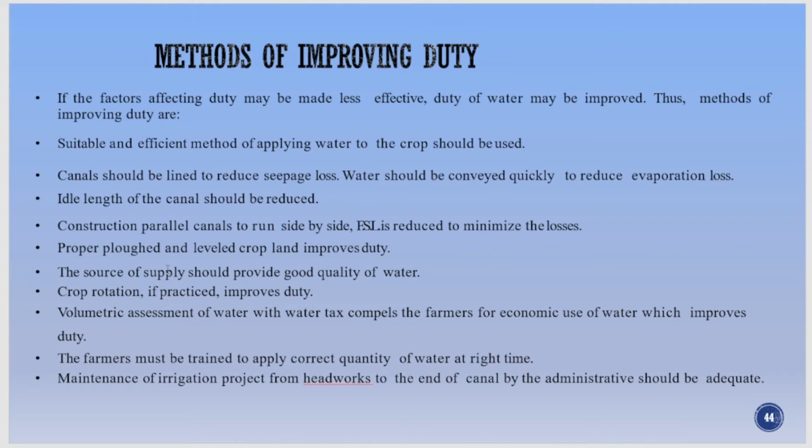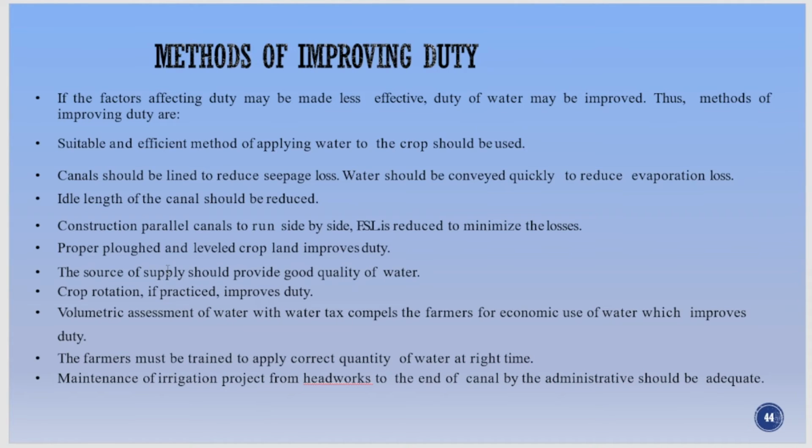After water is supplied, the next step is that the farmer applies that water to the field, but the method he adopts is going to determine the necessity of water. If he goes for the more conventional method of application, the requirement may increase. If he goes for more modern techniques like sprinkler or drip irrigation, the requirement of water will reduce.